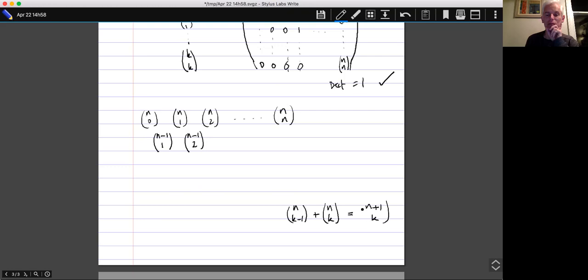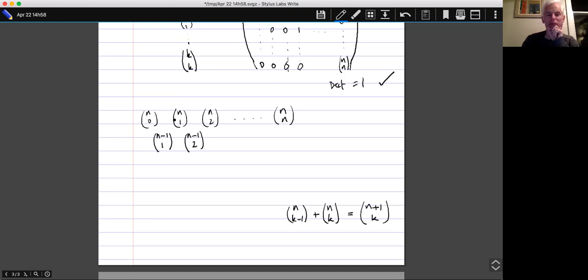One can do this by expanding out the formula, but that's horrible. Much nicer to say that the number of ways of choosing k things out of n plus 1: either you insist that you choose n plus 1, in which case you get out of the remaining n, you have to choose k minus 1, or you insist that you don't choose n plus 1, in which case you've got n things from which you can choose k. So we get this identity here.